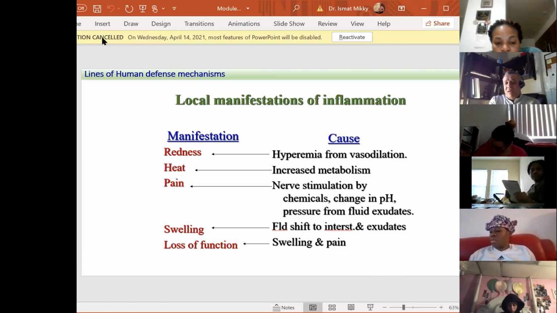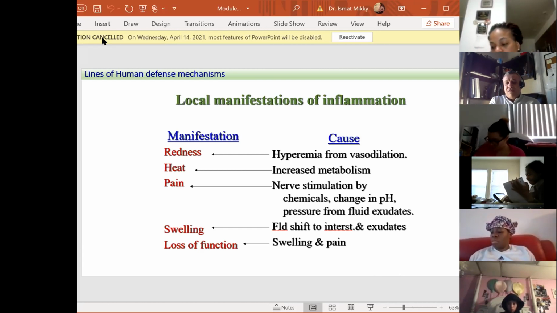The pain also, let's see, is because of the edema, the swelling, that is going to press against the nerve, and from stimulation of the nerve by the chemicals, changing the pH, and the leakage of fluid. So all of these together, nerve stimulation, changing the pH, and the fluid accumulation or leakage pressing on the nerve, result in pain.